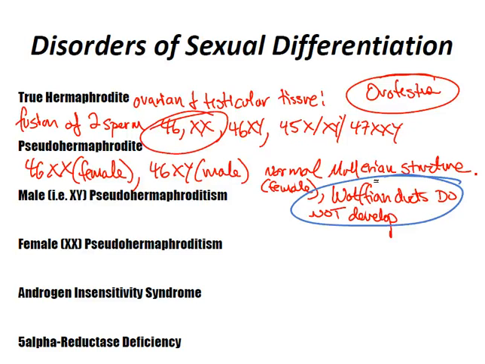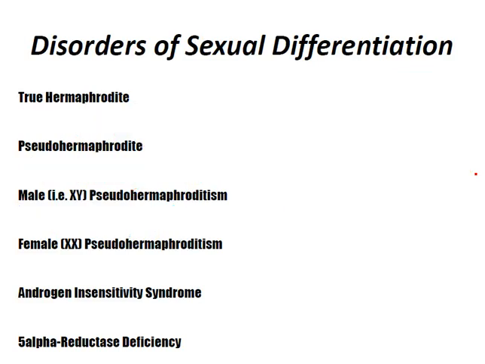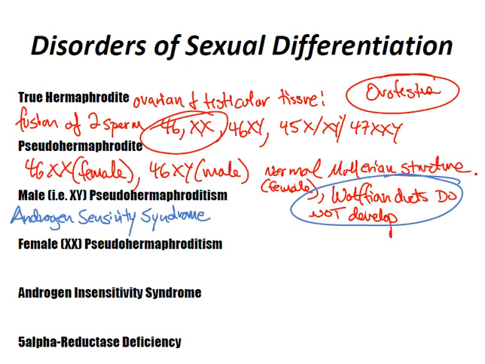Male pseudohermaphroditism is most commonly caused by androgen insensitivity syndrome, or testicular feminization, another way of saying that. It is the most common form of male pseudohermaphroditism and results from a defective androgen receptor. Phenotypically, they are females, but they have testes and a 46XY karyotype.